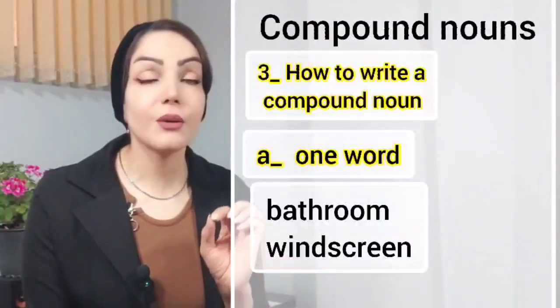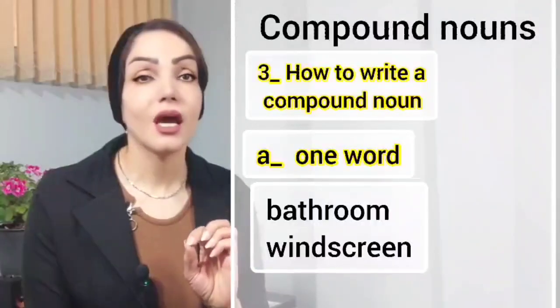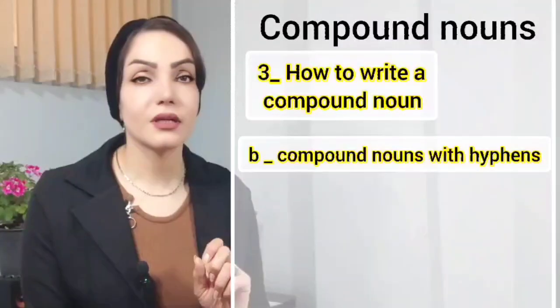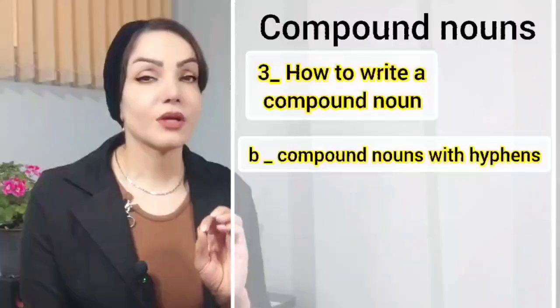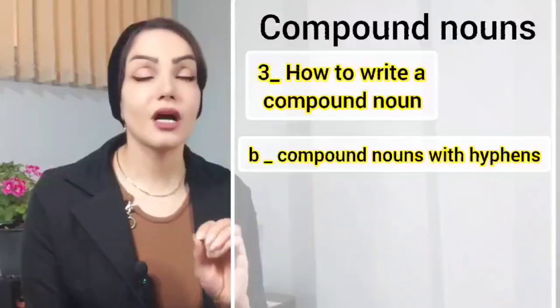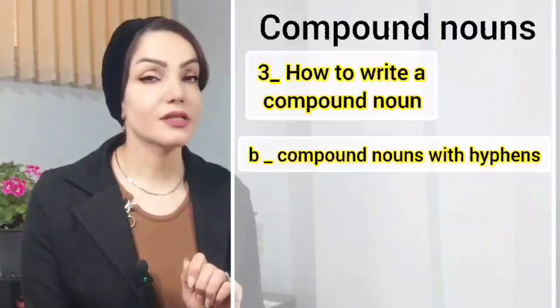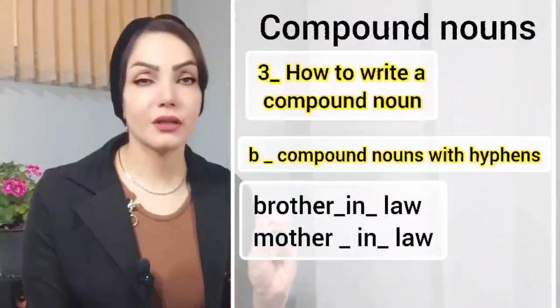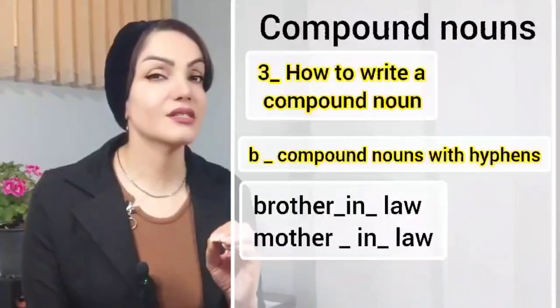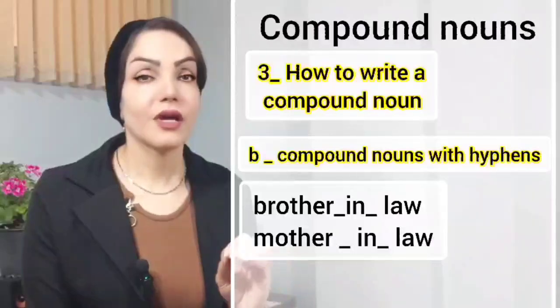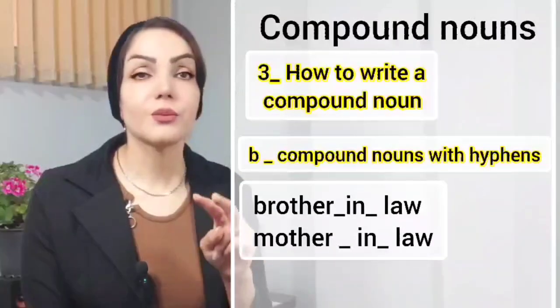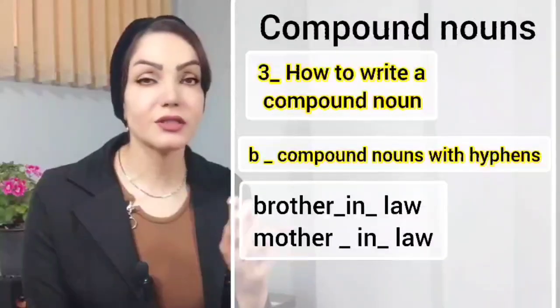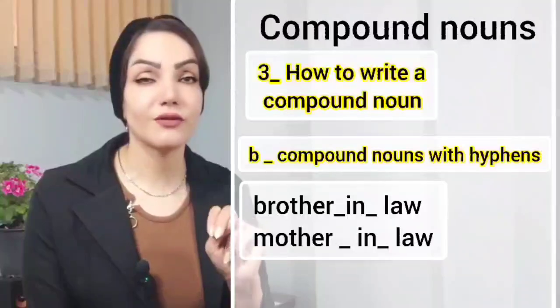And also, a compound noun can be written with hyphens. In some compound nouns, we have hyphens. For instance, brother-in-law, mother-in-law, or sister-in-law. We have three parts, and between these parts, we have two hyphens.